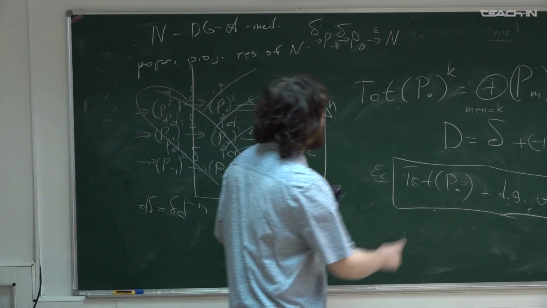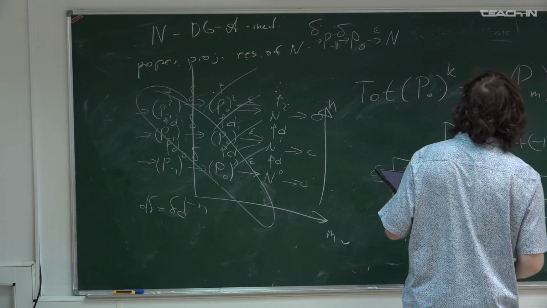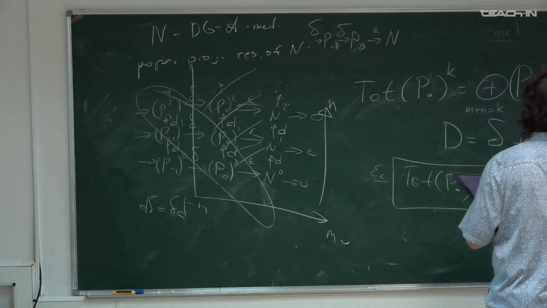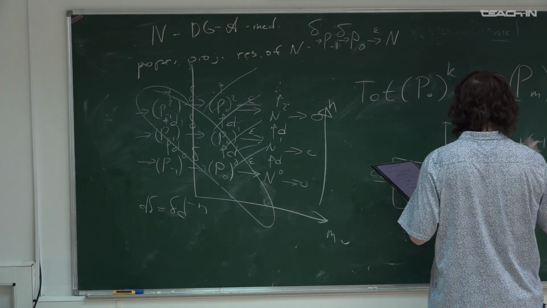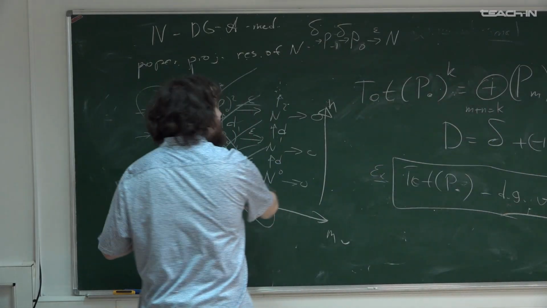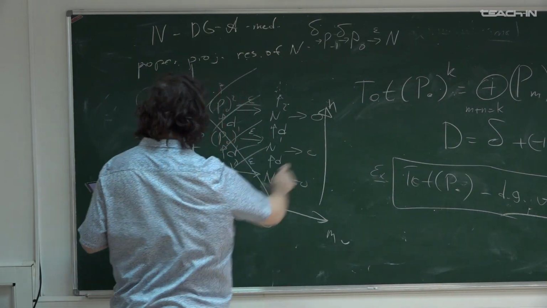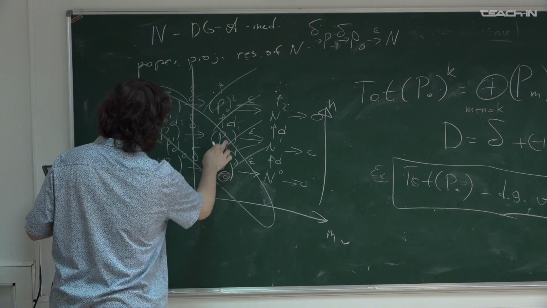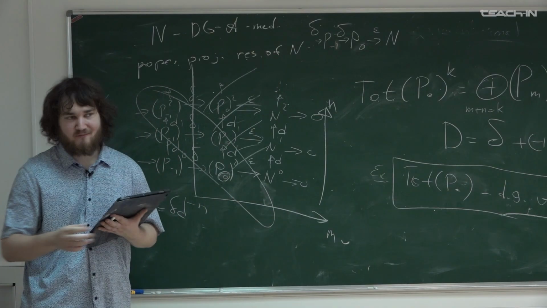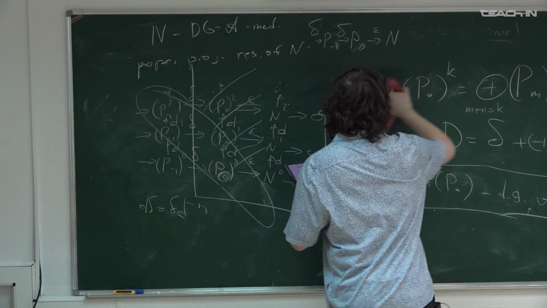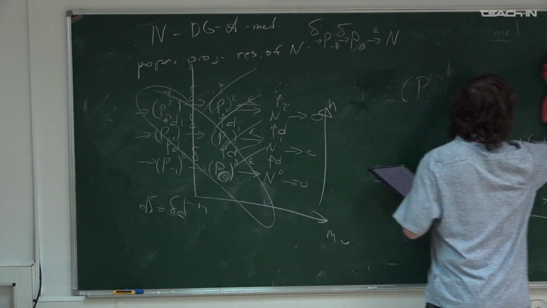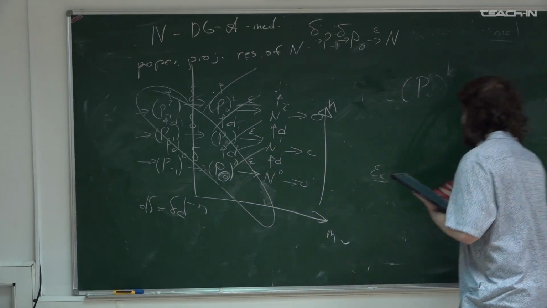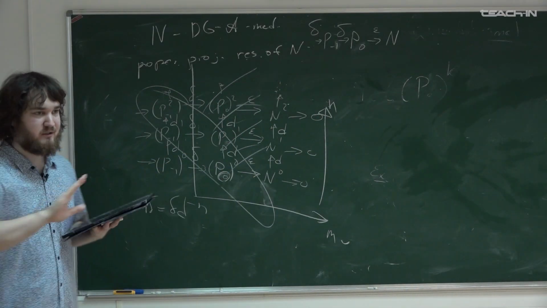Yes, here was m, n here. By horizontal coordinate, it's true. By horizontal coordinate, yes, it's minus n. Let me clear this. It's filtration by horizontal coordinate. Okay.